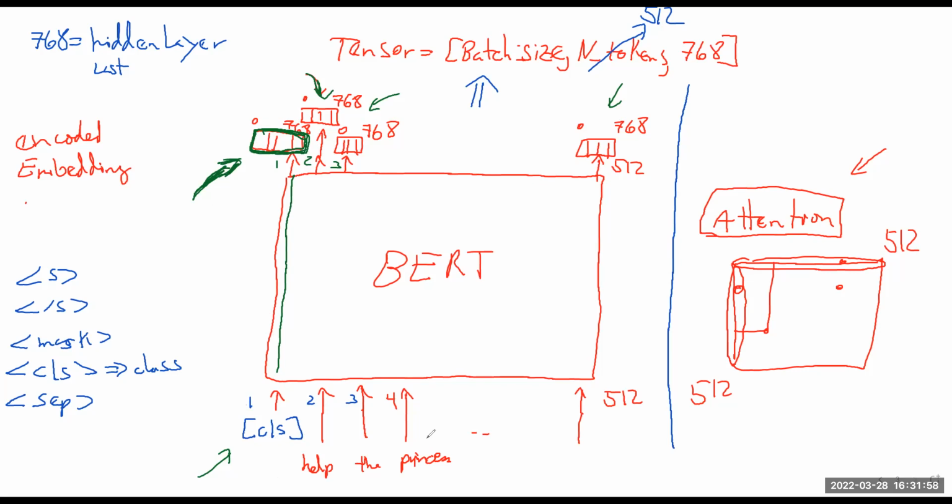So that's the intuition with how BERT works initially. Let's take it a step further. If you remember when we talked about transformers, we said that there's a phase 1 and a phase 2.